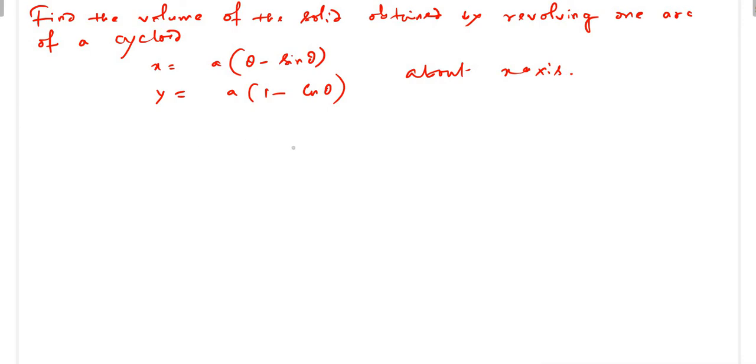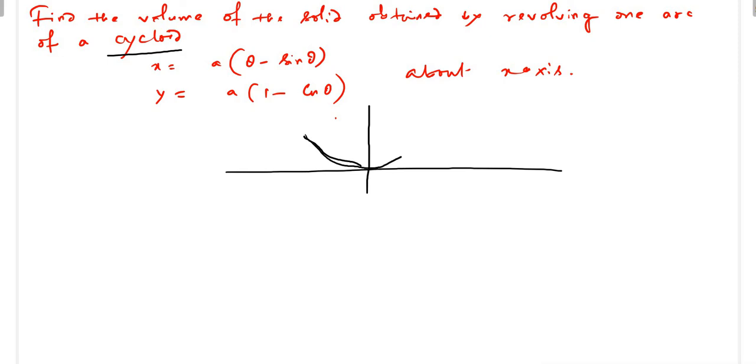So just let me draw the diagram. What is actually a cycloid? It is not mandatory to draw the diagram when we don't know what the curve is, but if the diagram is common, you need to draw it. So here the cycloid looks like this.